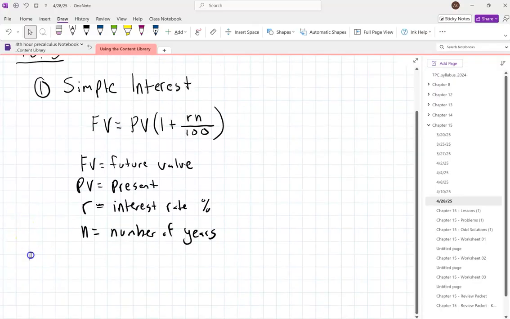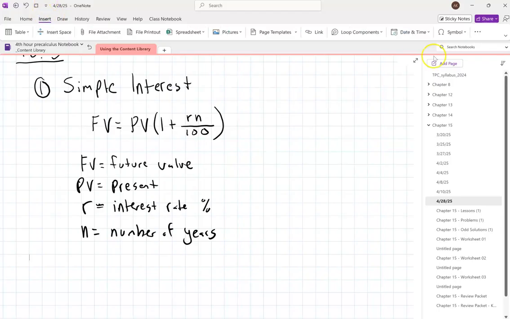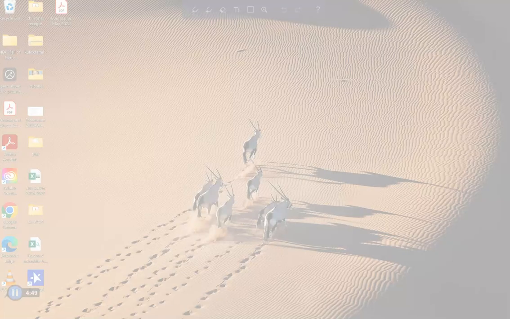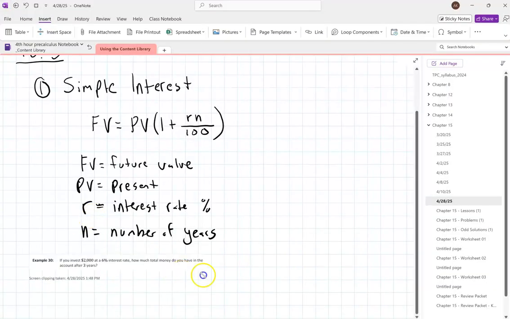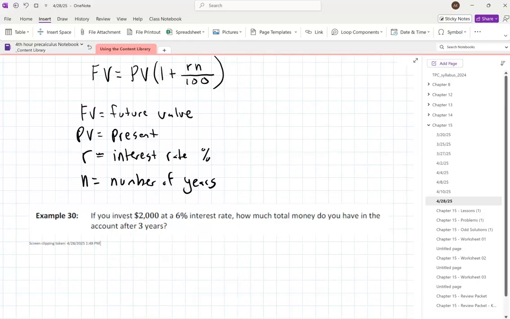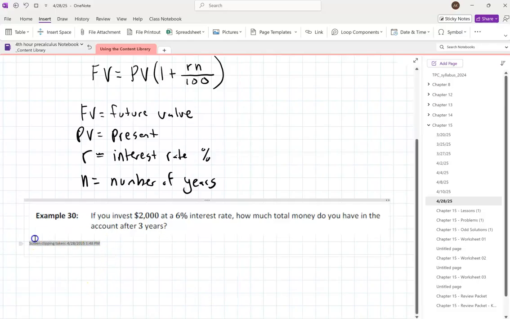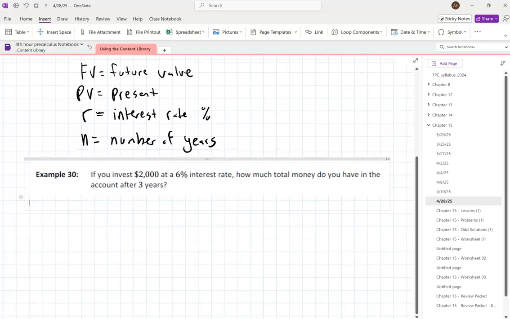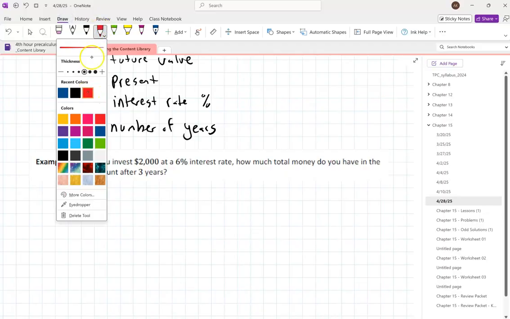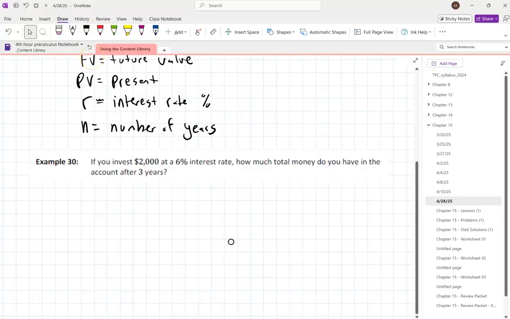So if we are going to do an example, it says if you invest $2,000 at a 6% interest rate, how much total money do you have in the account after 3 years?